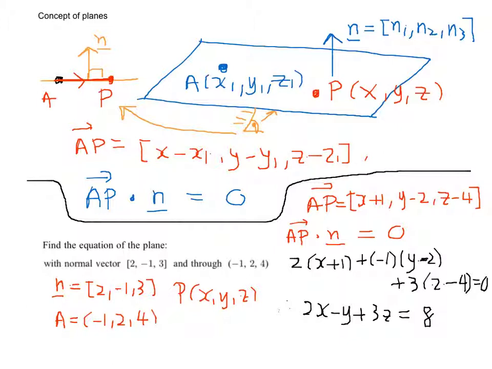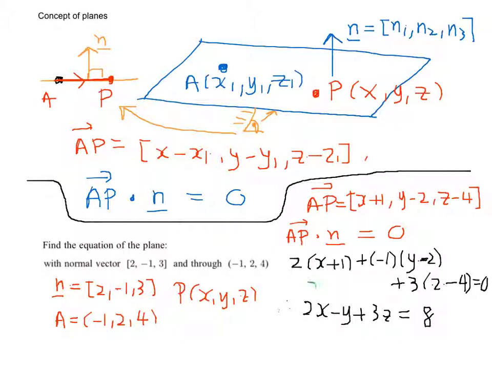At this point, you probably realize something very profound. Look at this vector n, the components 2, -1, 3. Look at this equation. What do you see? You probably notice that the coefficients of x, y, and z are 2, -1, and 3.